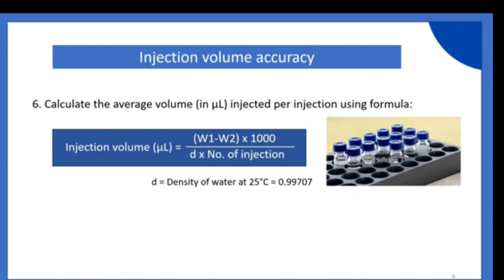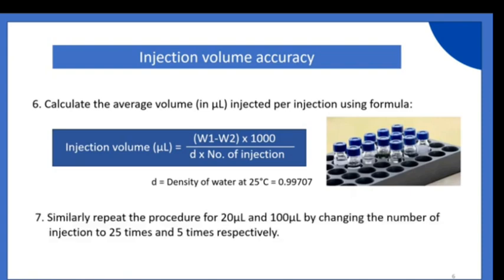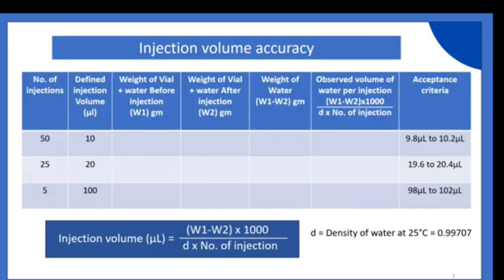This you have to use in the calculation. Similarly, repeat the procedure for 20 microliter and 100 microliter by changing the number of injections to 25 times and 5 times respectively. Here is the table for injection volume accuracy, and I will explain the calculation for the first 10 microliter injection for your better understanding.